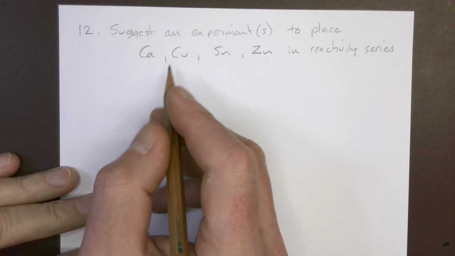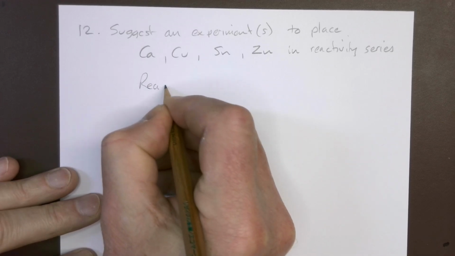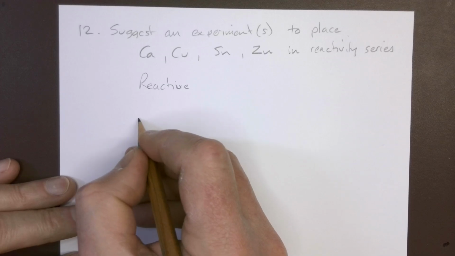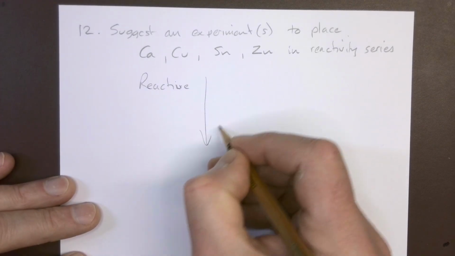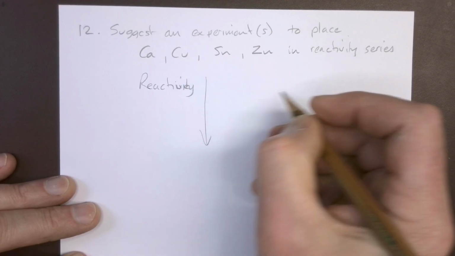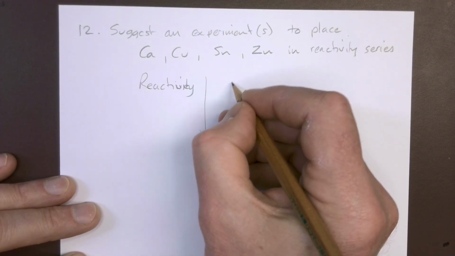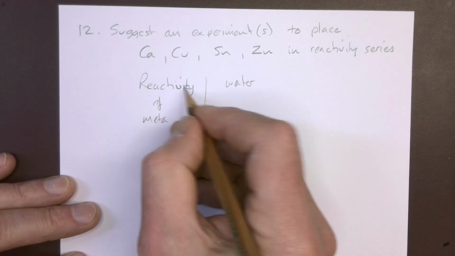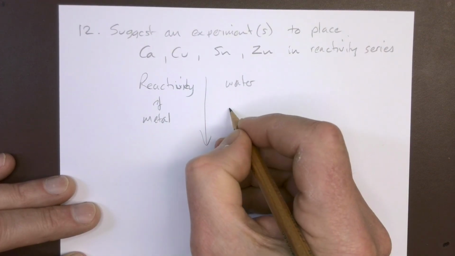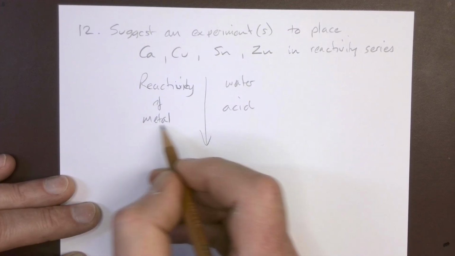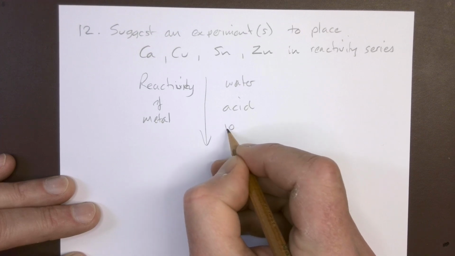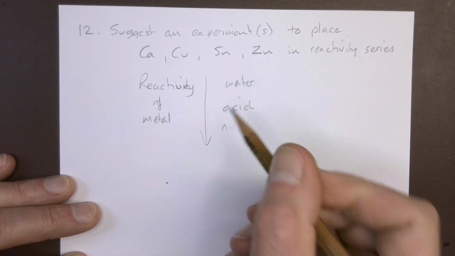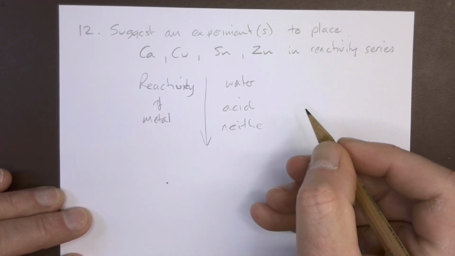What you learned is that very reactive metals react with water, less reactive metals react with acid, and the least reactive have no reaction with either. So you can make a table: reactivity decreases in reactions of metal with water, then with acid, and neither. So you pop that in, and that's basically how we're going to use this.